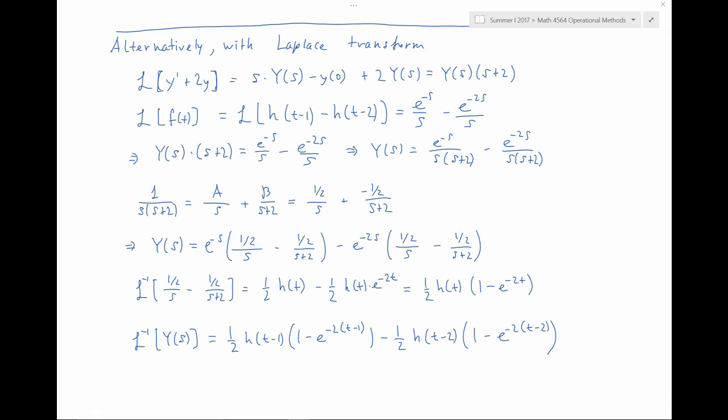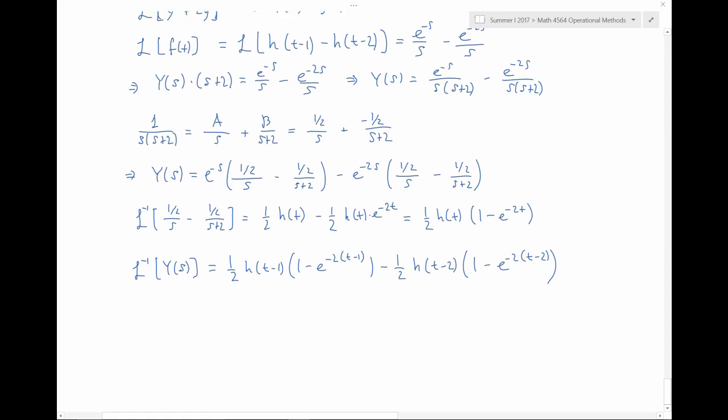As you can see, the solution with the Laplace transform didn't require us to look at the different time intervals. It did it all together for all t, and that's a convenience of the Laplace transform. It just does it for us.